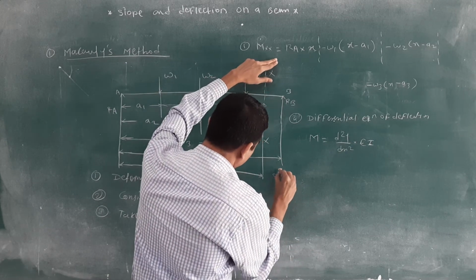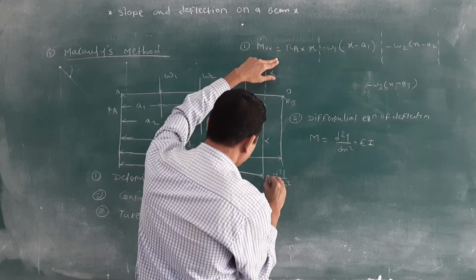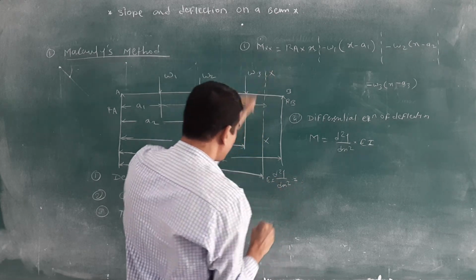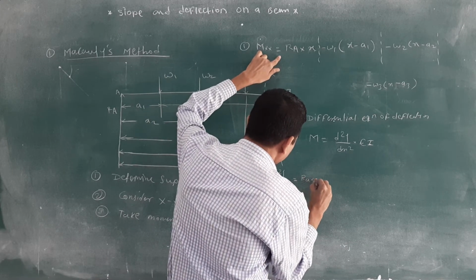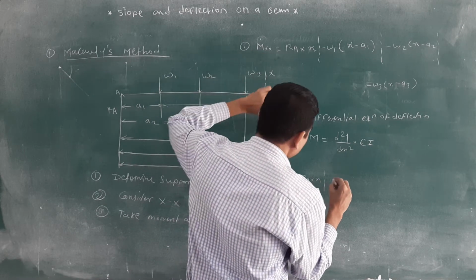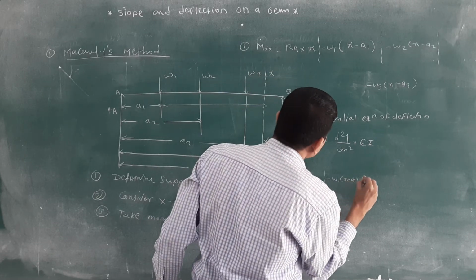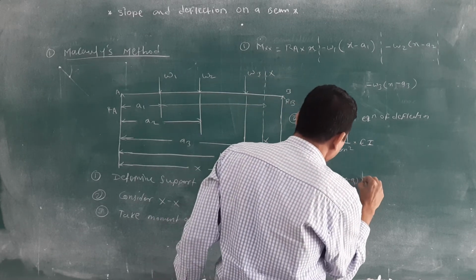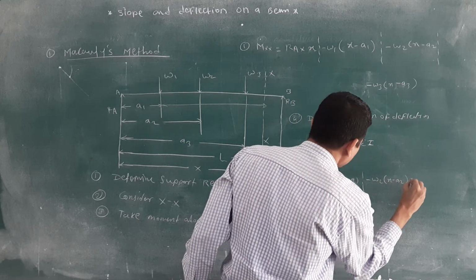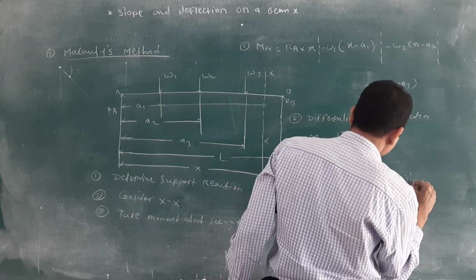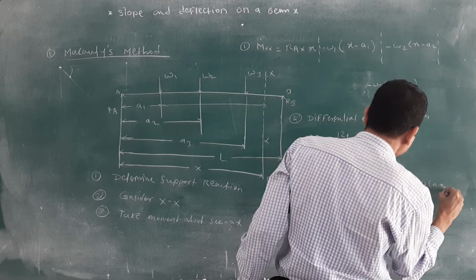I will write here EI d²y/dx² equals RA into x, and then minus W1 into (x minus a1), then next minus W2 (x minus a2), and then next minus W3 (x minus a3).